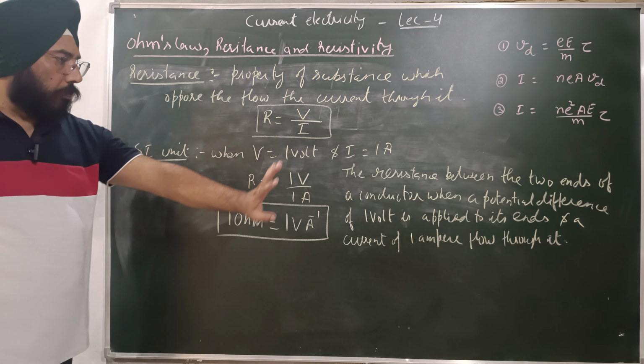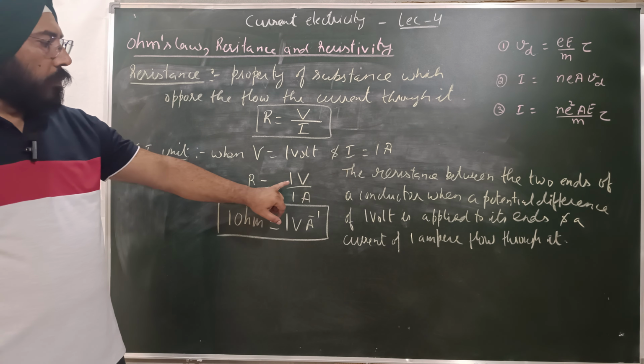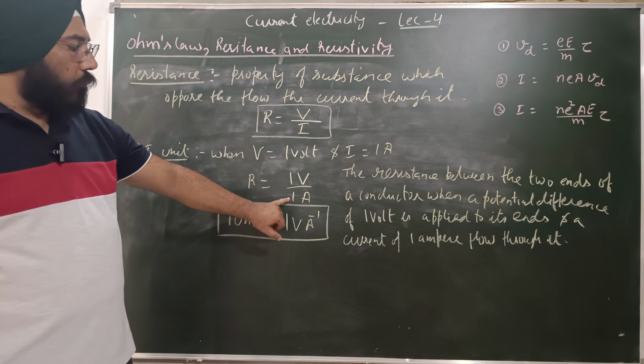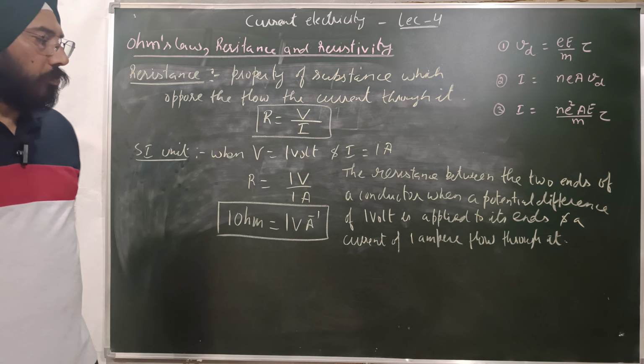So that resistance is said to be 1 ohm, for which a current of 1 ampere flows through a conductor for an applied potential difference of 1 volt.